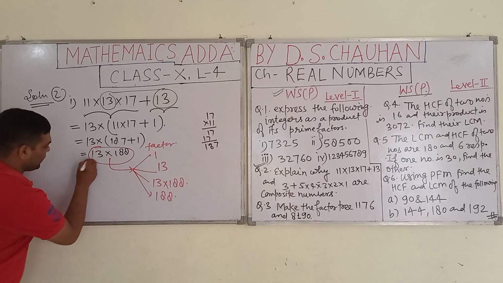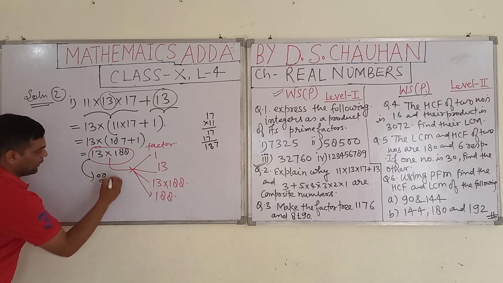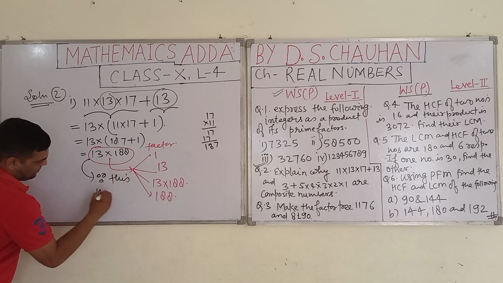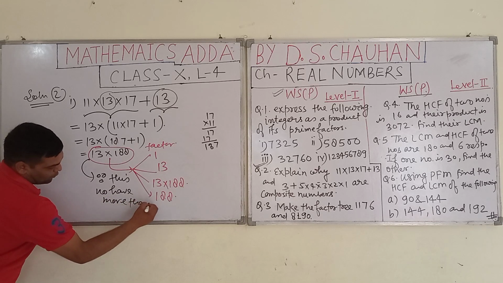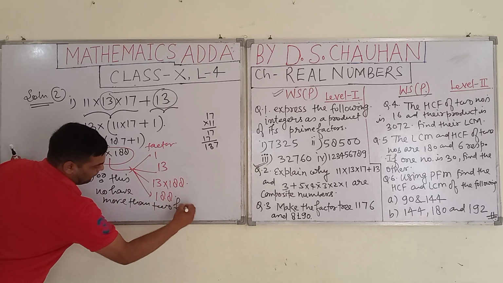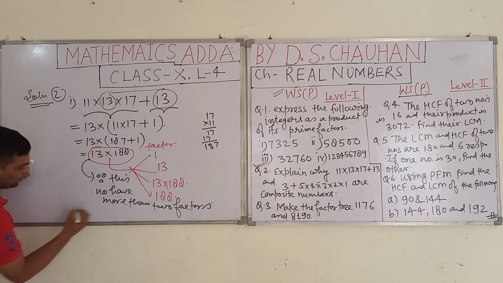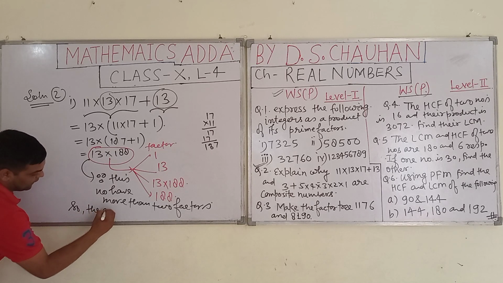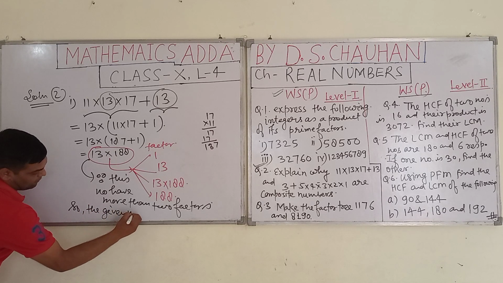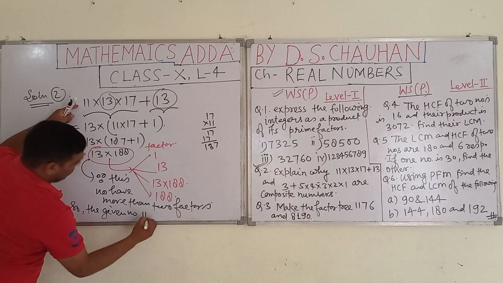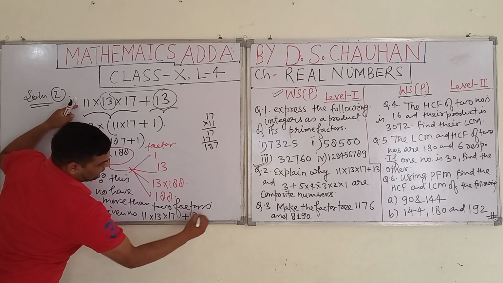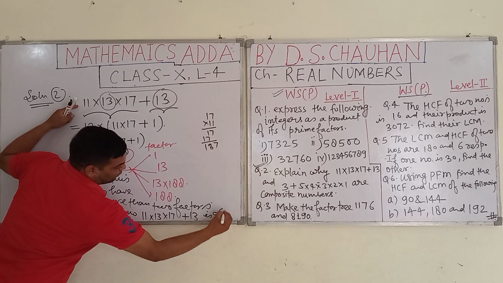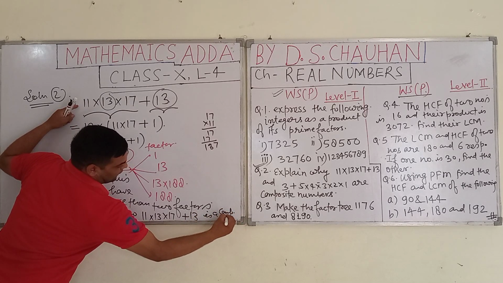Since this number has more than two factors, the given number 11 into 13 into 17 plus 13 is a composite number.